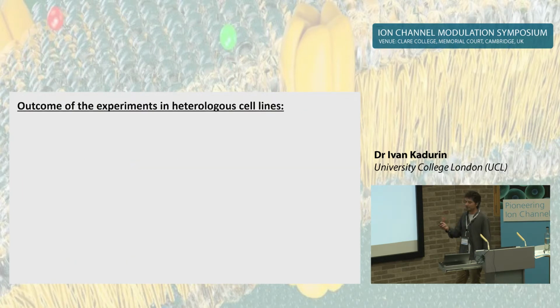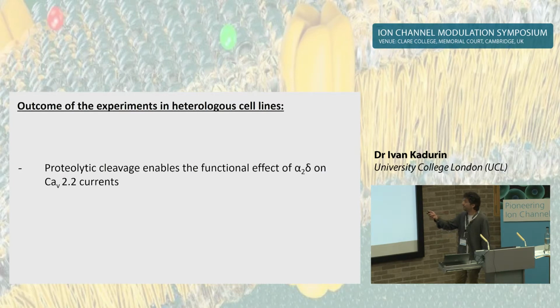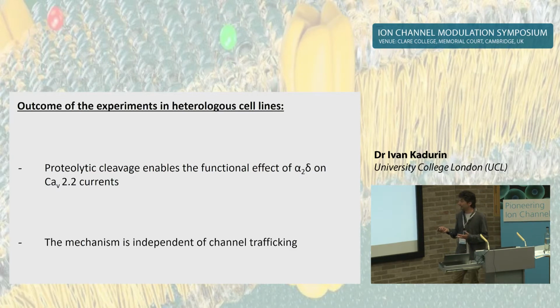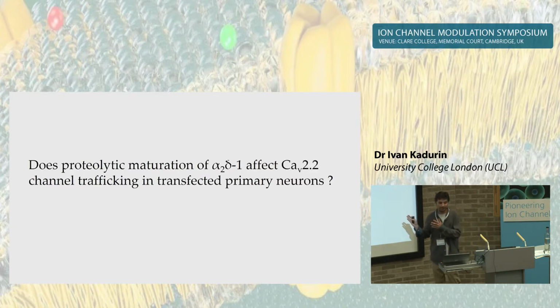And to summarize the data in heterologous cells, we found that proteolytic cleavage enables the functional effect of alpha-2 delta on CAV2.2 currents. And the mechanism was independent of channel trafficking, or to say, of cell surface expressed channels in heterologous cells. I have 3 or 4 slides at the end to show what we saw when we expressed these constructs in primary neurons.